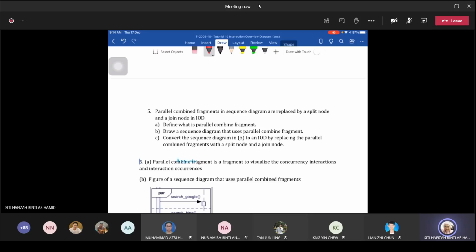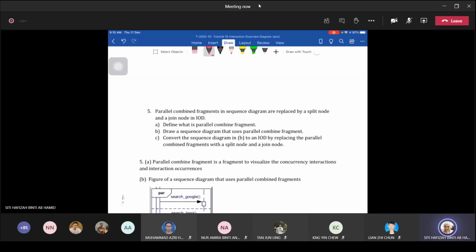So question number 5. Parallel combined fragments in sequence diagram are replaced by a split node and a join node in IOD. So what is the parallel combined fragment? In the sequence diagram you have the parallel combined fragment. Basically it's a fragment to visualize concurrent interactions and interaction occurrences.